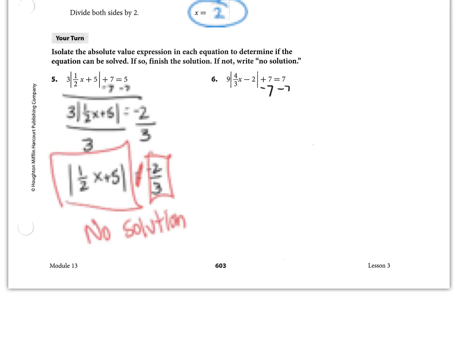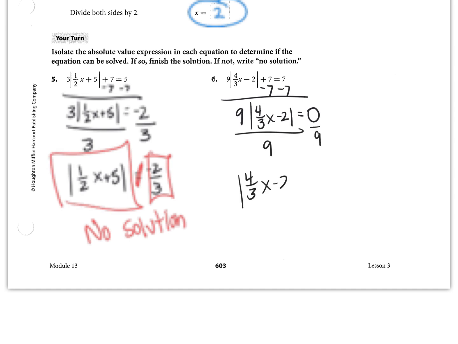Here, subtract 7. Divide by 9. Then take it out of absolute value and do the positive and negative version. But there is only one form of 0, so we just have 4/3 x minus 2 equals 0. There is no opposite version of 0.